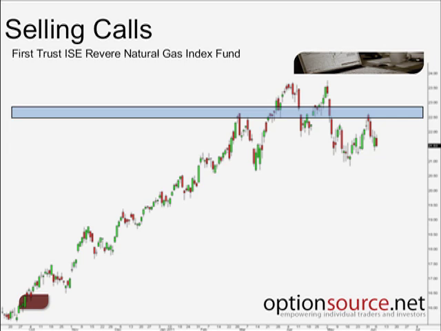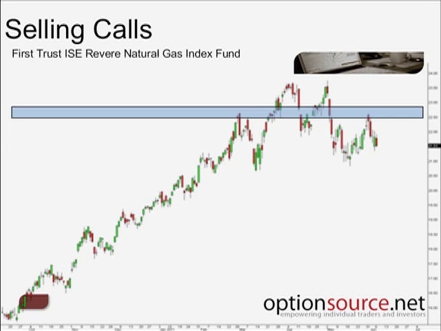The next thing I wanted to talk about is the idea of selling calls. And yes, I'm talking about naked calls, but you could also talk about covered calls as well. In this situation, let's say with natural gas, it looked relatively bearish and looked like it's kind of rolling over. Under those circumstances, if you owned the exchange-traded fund, one could consider covered call writing at the overhead resistance levels, so you can at least generate some income while owning the exchange-traded fund.